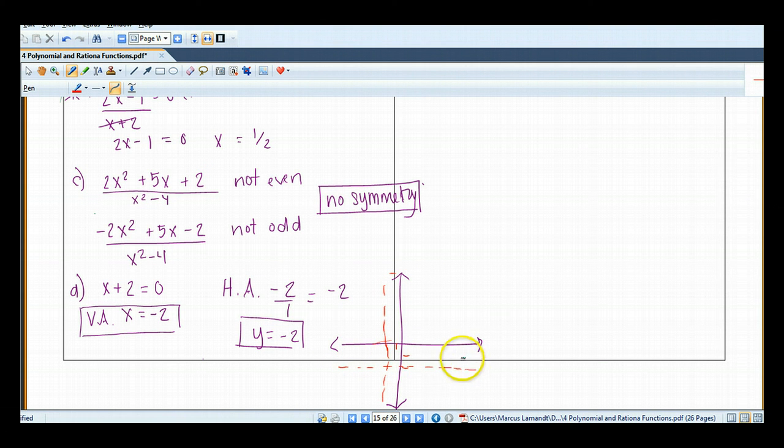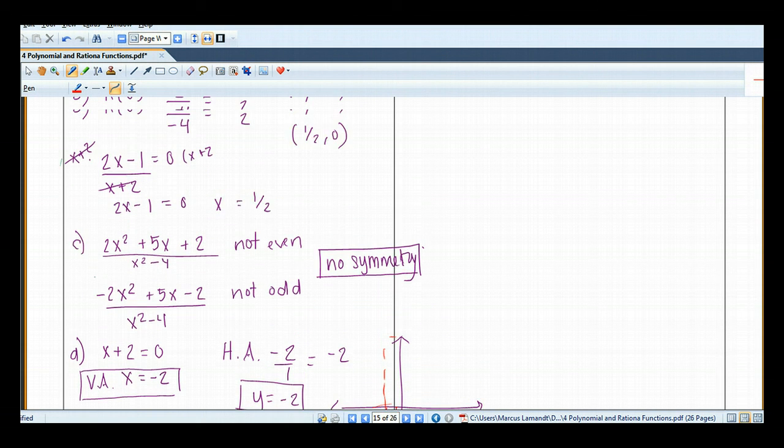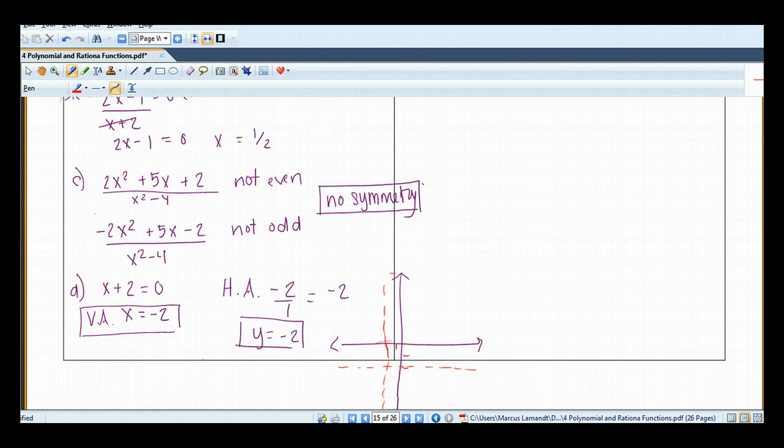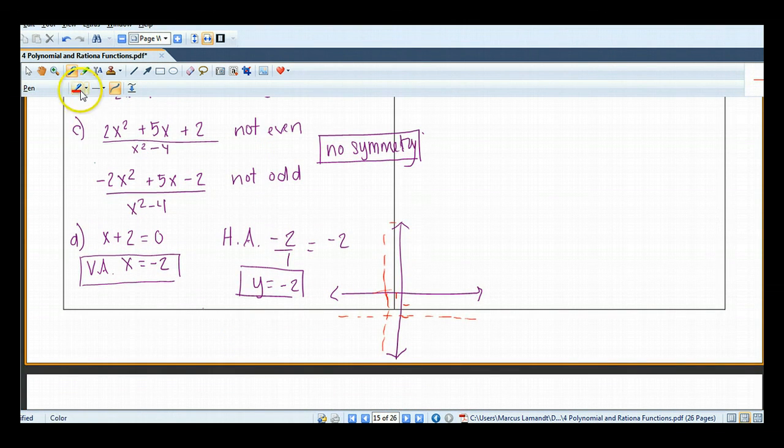The intercepts were 1/2, 0, and 0, negative 1/2. 1/2, 0 is about there, 0, negative 1/2 is about there. Okay, let's go ahead and graph this.